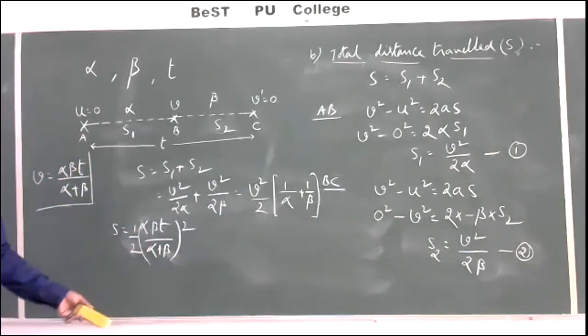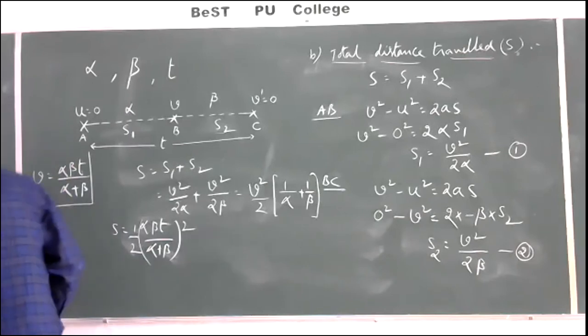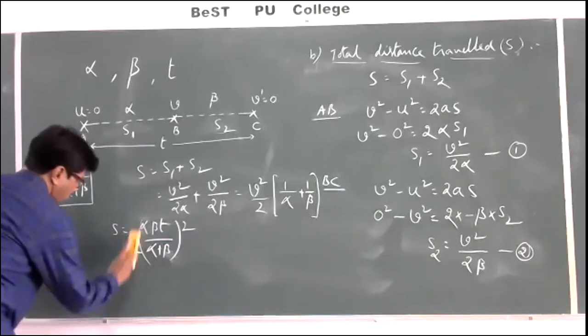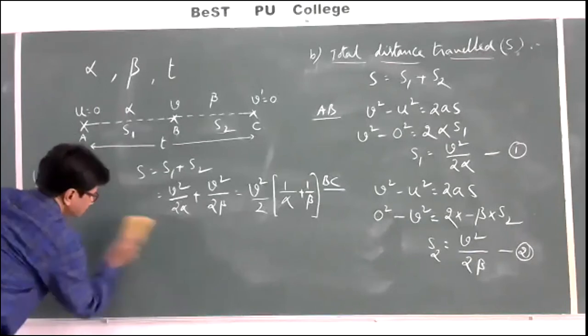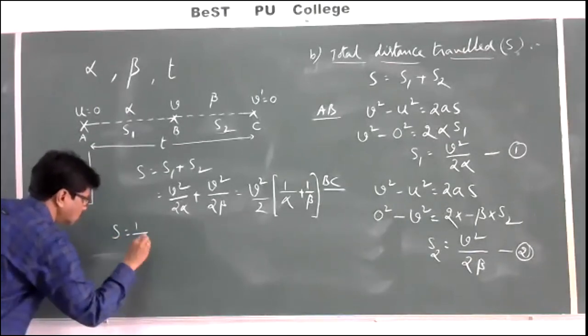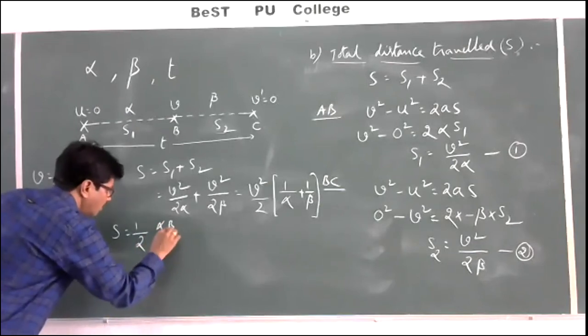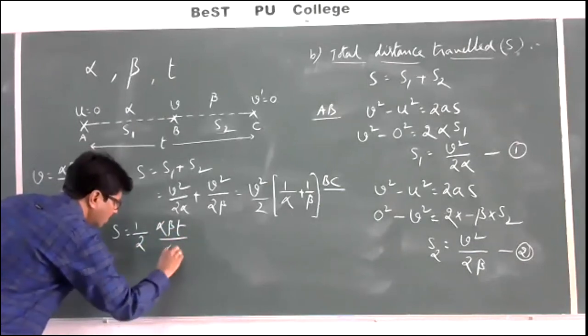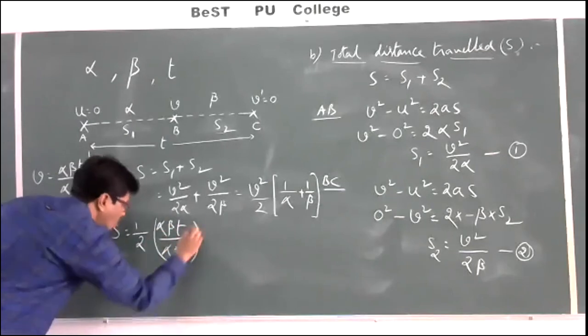So S is equal to 1 by 2 into alpha beta t by alpha plus beta whole square.